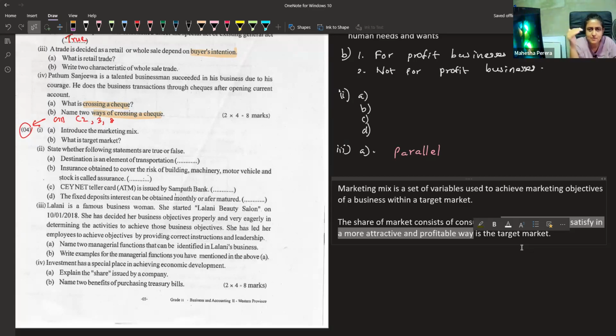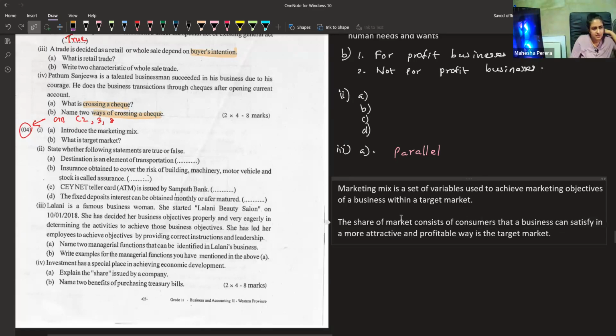They can charge a higher price for a special-purpose toothpaste than for a general toothpaste that everyone can use. And the customers feel this product is a must for them. That is what these words mean: that the business can satisfy in a more attractive and profitable way is the target market.